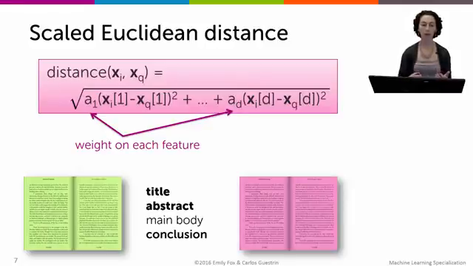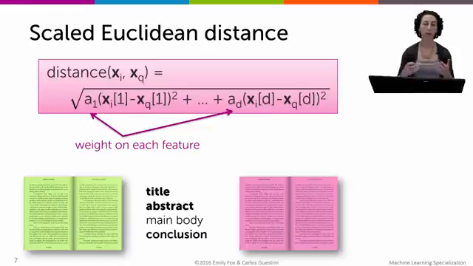And the first approach that we talked about was using scaled Euclidean distance, which is just a straightforward variant of Euclidean distance, and instead of having equal weights on every component of the vector, we can specify a set of weights. So for example, for our documents, we might have a representation that separates out the title from the abstract, from the main body, from the conclusion, and then based on this representation across these different components, we could put weights that more heavily emphasize the words that are appearing in the title and the abstract than the main body.